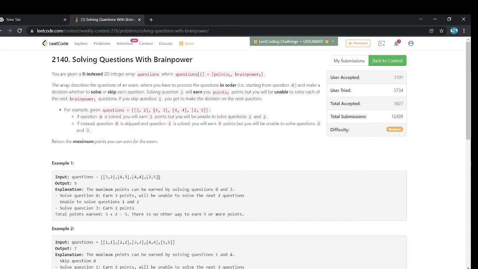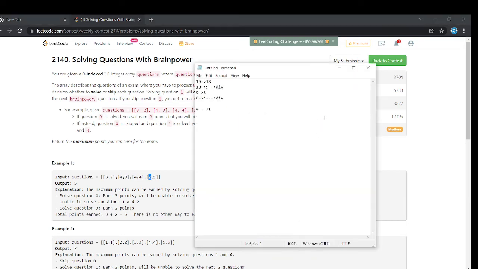If we consider the last one and solve it, we will achieve 2 points. How many questions are there? 1, 2, 3, 4, right? So we will achieve 2 points, and as per the condition we won't be able to solve the next 5 questions, but since this is the last one, it doesn't matter.